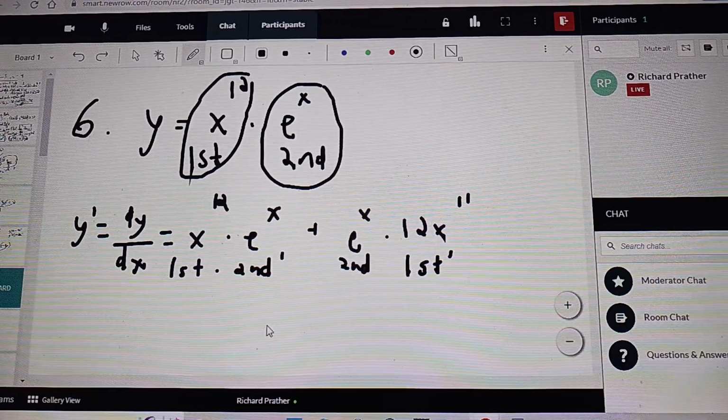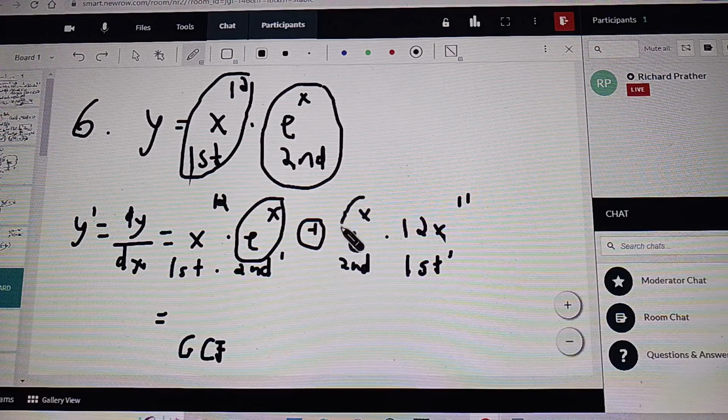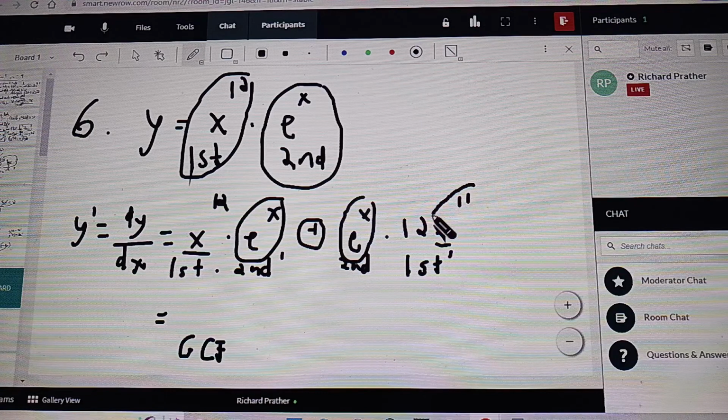So we could make this look a little nicer by pulling out a greatest common factor. Both terms around the plus have an e to the x. That's common to both parts. And then they both have a power of x. So when they both have x to an exponent, then you take the smaller one for the GCF.